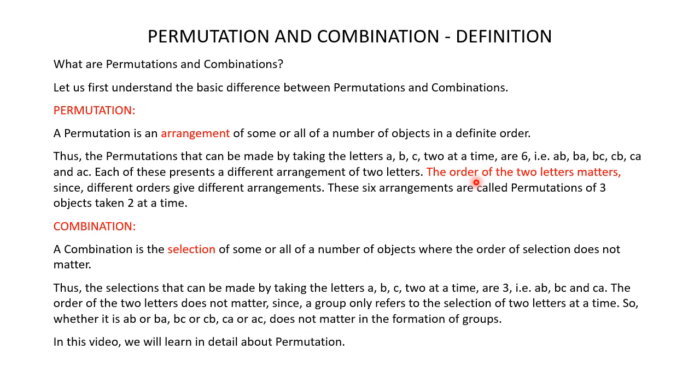The order of the two letters matters since different orders give different arrangements. So as you can see in these arrangements, order of the two letters matters. So AB is different from BA. As you can see here, in this arrangement, A is in the first position, whereas in this arrangement, B is in the first position.